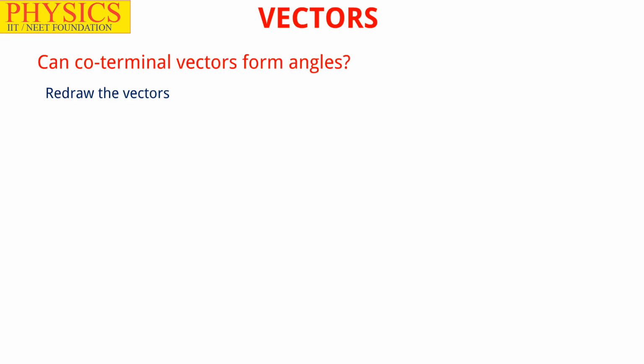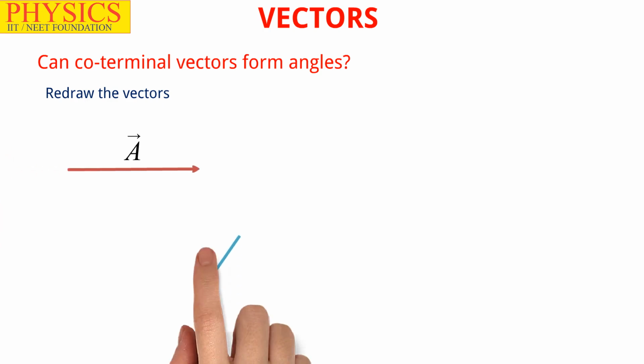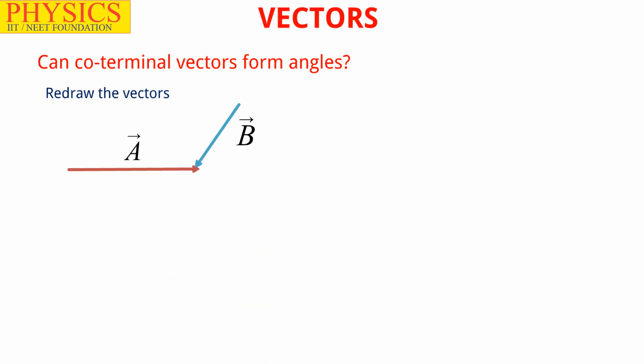See here, consider two vectors a bar and b bar. To calculate the angle between them, we should draw them as co-initial first. Here you can move vector A or vector B. That is your wish.